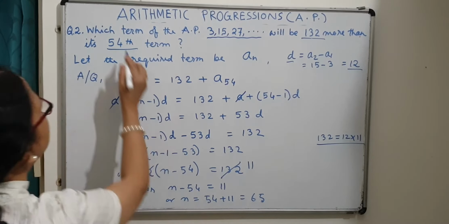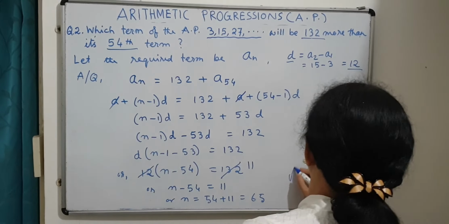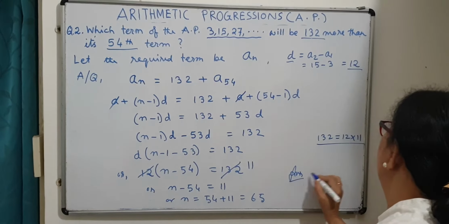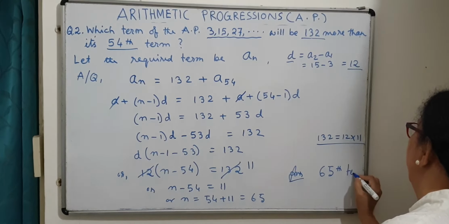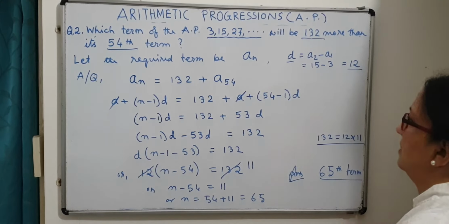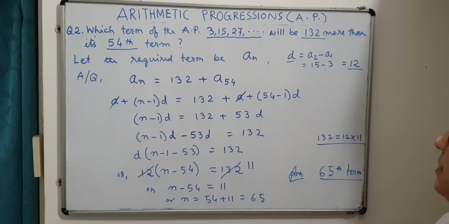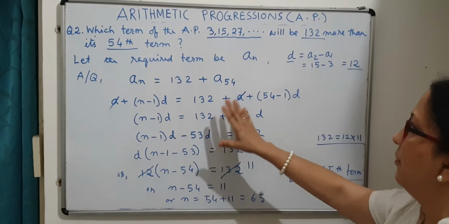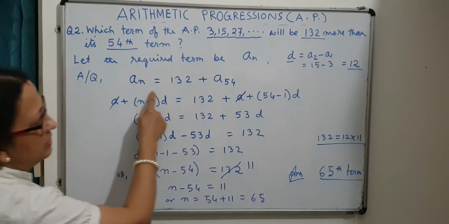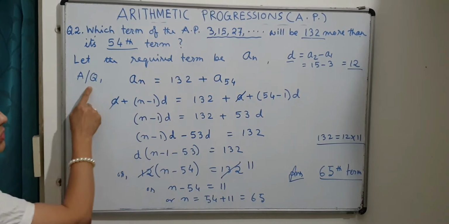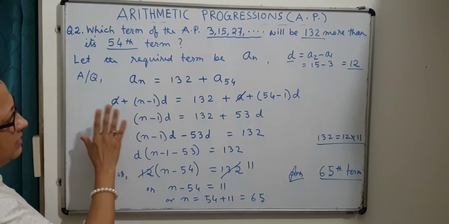So the answer to which term of the AP is the 65th term. That is the answer. So you see, when I solve a question, first you visualize the situation, and when I have written the equation according to the question, before simplifying, I think about what to do.